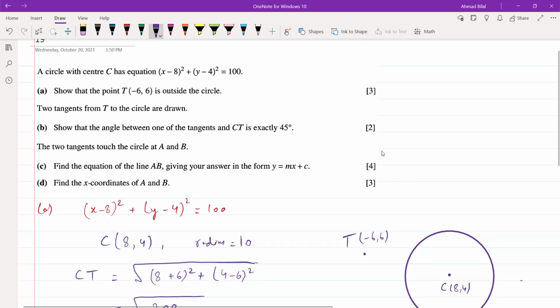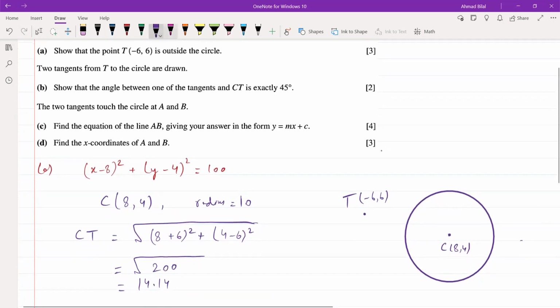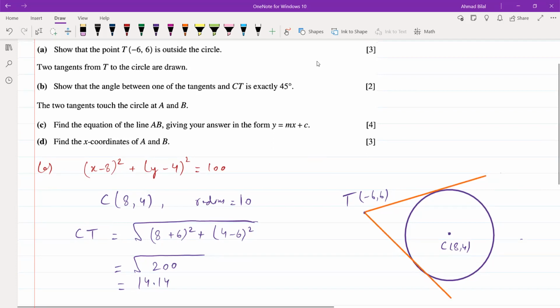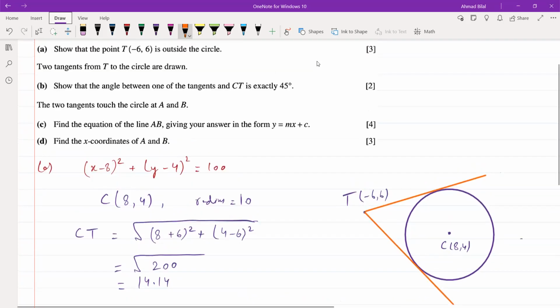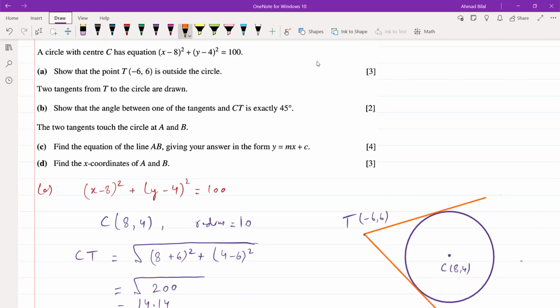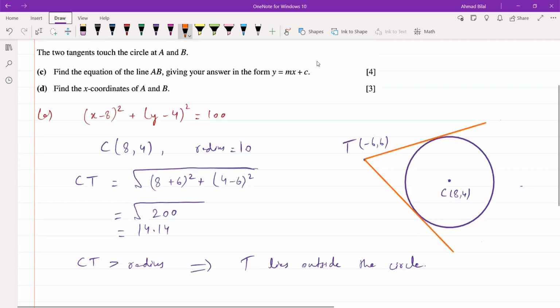There are two tangents that are drawn to the circle from T. Let's draw those two tangents. One tangent is going to look like this, and the other tangent will look like this. Again, sketching it really helps understand what is going on, so we'll sketch it roughly.